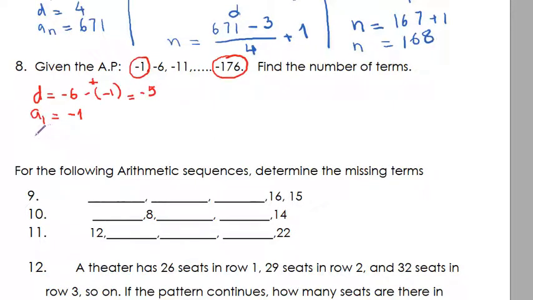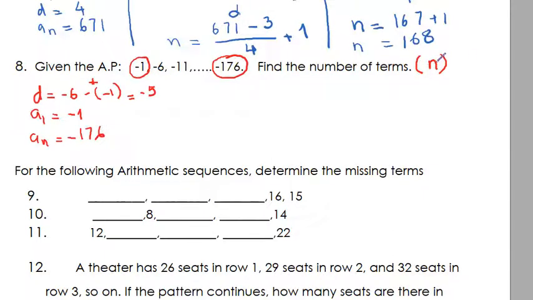The last term is a sub n equals -176. That's correct. The question asks you to find the number of terms. It means to find n. n means number of terms.